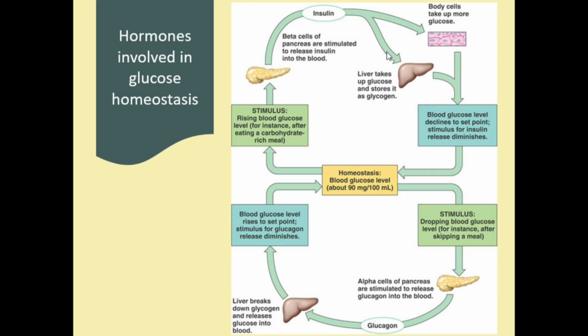What we also find is that the liver specifically will take up lots of glucose and convert it into glycogen, where we can then save it for use later on. By these two modes of action, this should reduce the amount of glucose coursing around in our bloodstream, and that should bring our level back down to within our homeostatic levels.